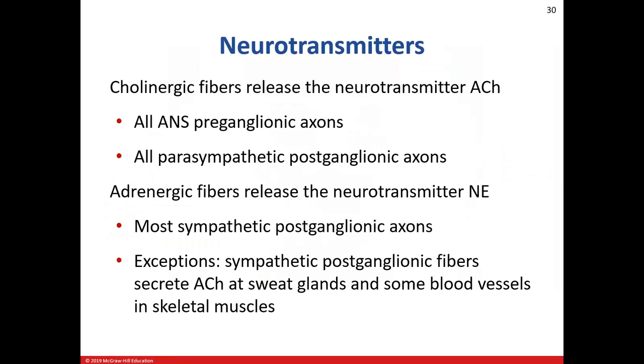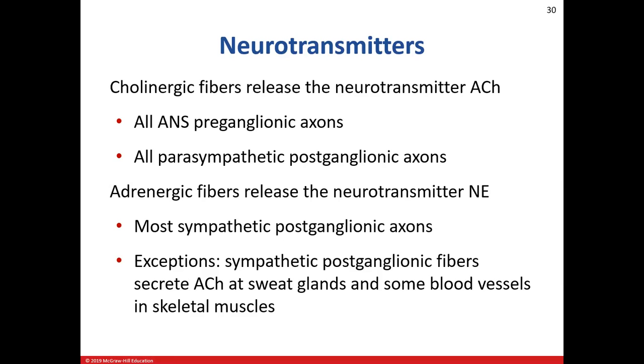And lastly, we touch on some of our neurotransmitters again. When we look at neurotransmitters, specifically in the autonomic nervous system, we're looking at cholinergic fibers, and they're going to release the neurotransmitter acetylcholine. Adrenergic fibers are going to release the neurotransmitter norepinephrine. When we look at the cholinergic fibers, these are all of our autonomic nervous system preganglionic axons.